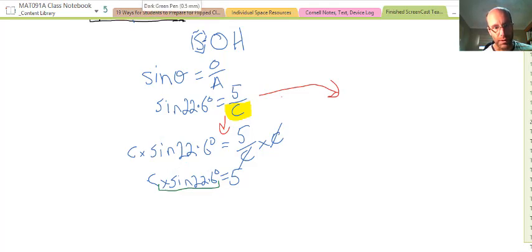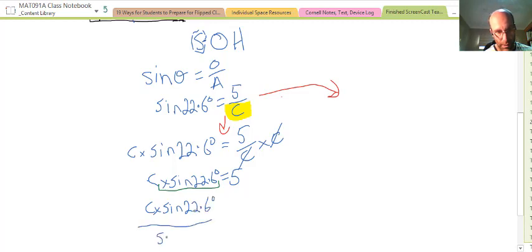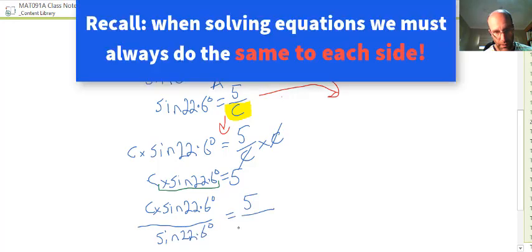Remember, sine 22.6 is just a number, so let's do that. So we've got C times sine 22.6 degrees, and we divide that by sine 22.6 degrees. We've got to do that to the right hand side, divide it by sine 22.6 degrees. You can see that we've done the same thing to the left and the right.